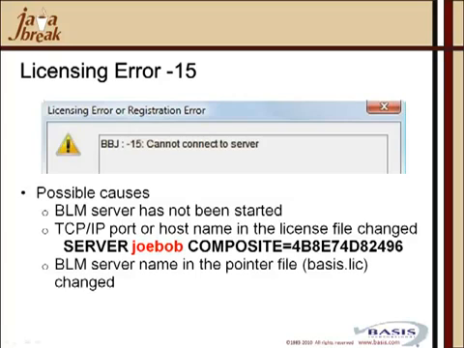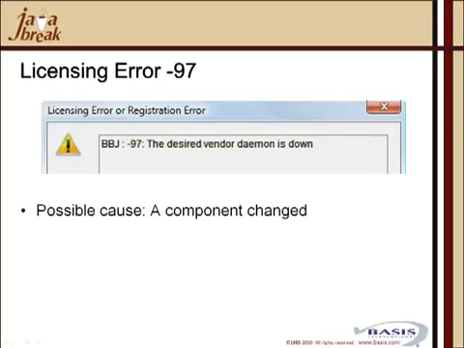A FlexLM error -15 can result if you haven't started the Basis License Manager, or if you've referenced an incorrect host name in the license file that is being served by the Basis License Manager. A third option or reason might be, again, an incorrect host name referenced in the basis.lic pointer file on the client.